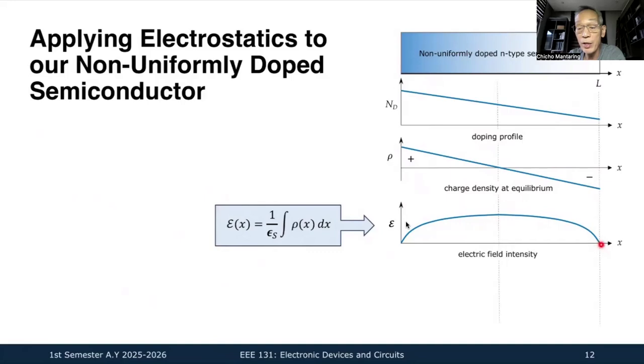So what will your electric field intensity look like? It will be 0 at both ends of your semiconductor, and it will be maximum in the middle of your semiconductor. That is what our electric field intensity will look like.